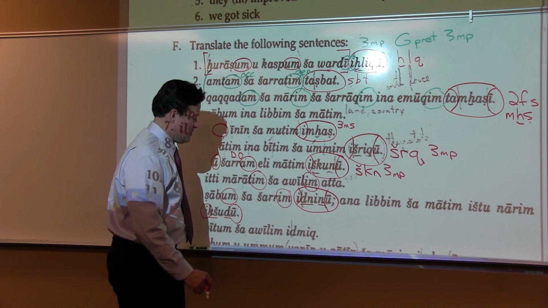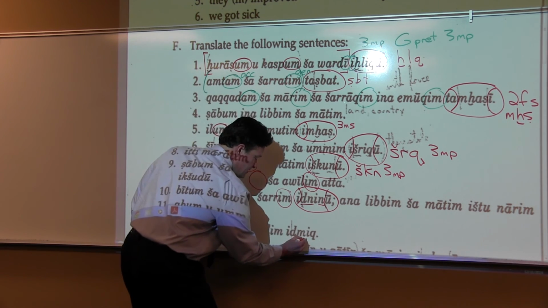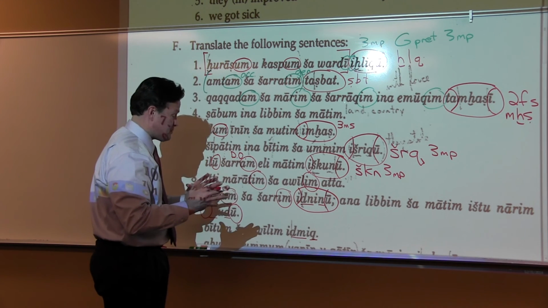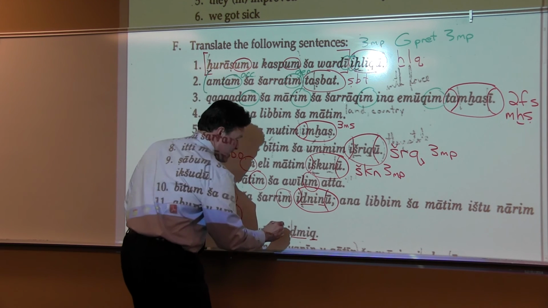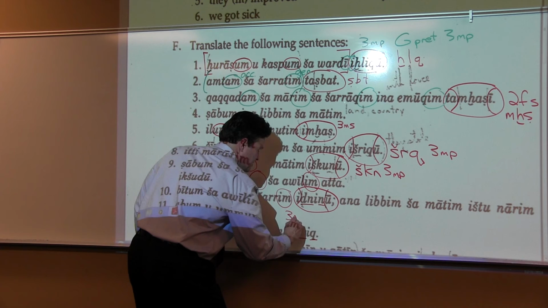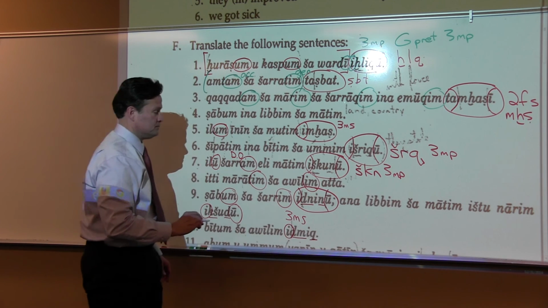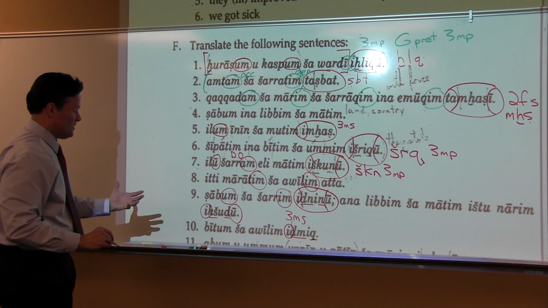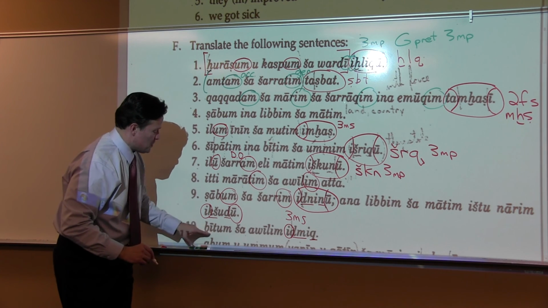Idmik is the verb, the last word in the clause. Damak means to prosper. And we have an e performative that makes a third masculine singular. He prospered. The he is the bitum.